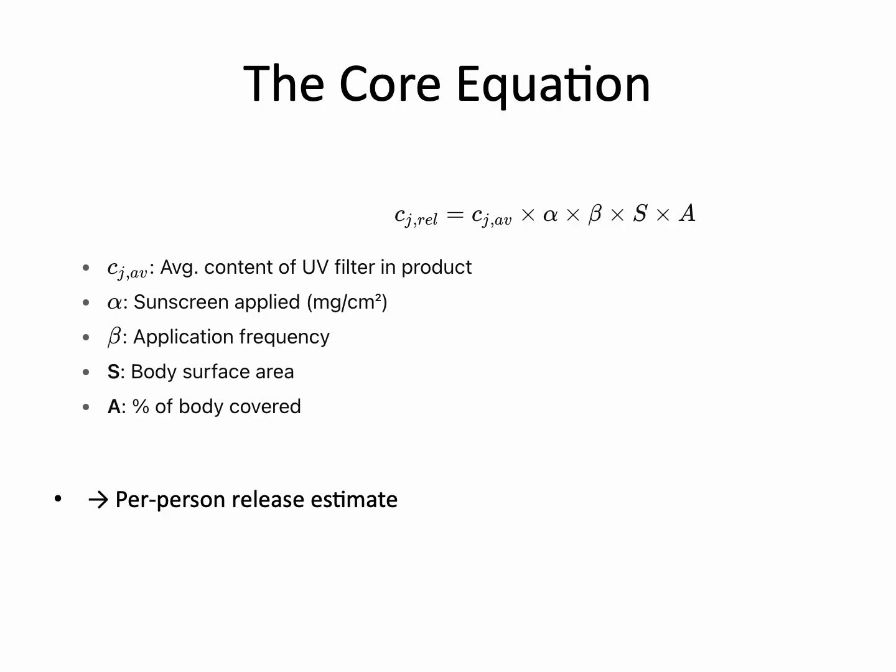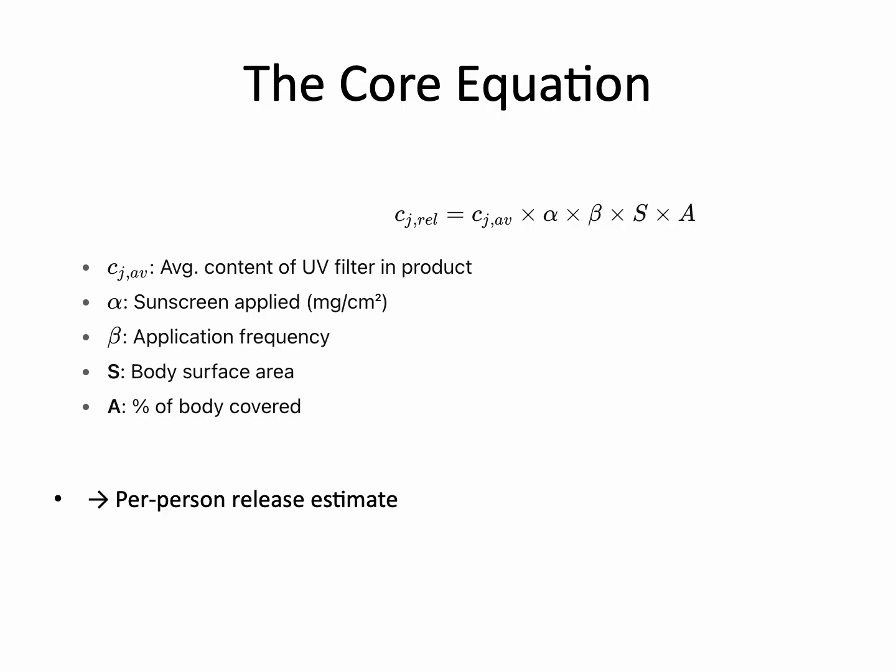Then application frequency, how many times you apply per day: one time, two times, 1.5 times. This can also change. Body surface area is almost known for the human body, and you can find values in the literature for men, children, and women; they are different. And what percentage of the body is covered: you can play with this number, 85%, 90%, worst case scenario, best case scenario. Based on the different scenarios you define, you can change this number.